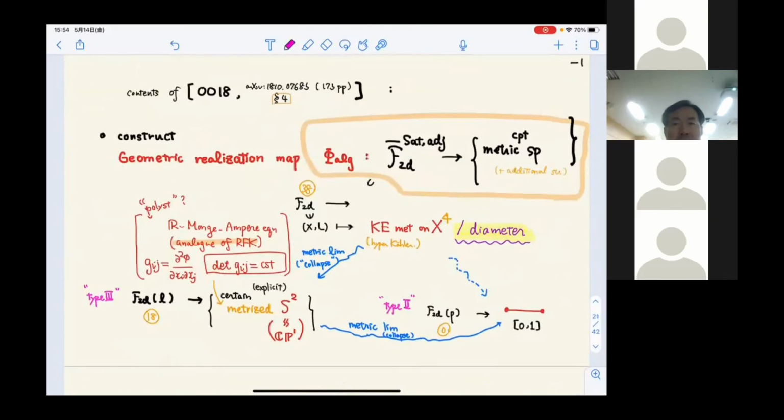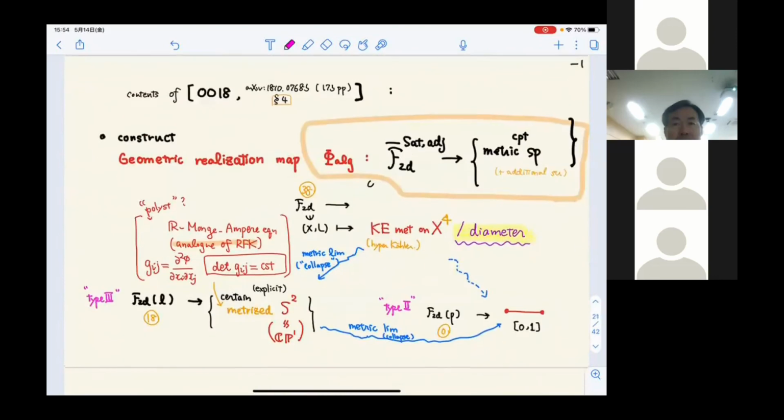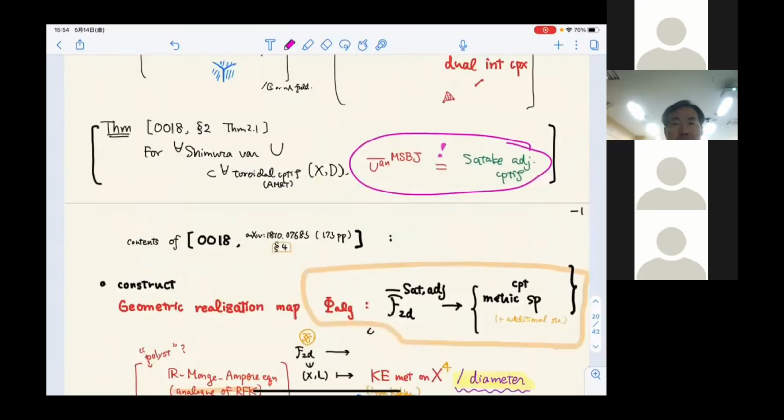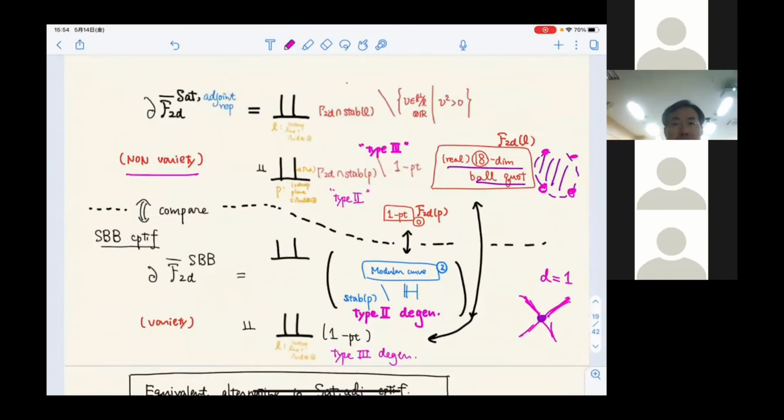And the main point of what we do is from this compactification. Remember that I wrote this picture here.